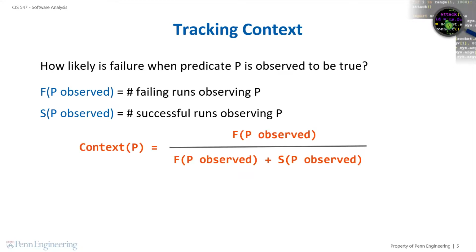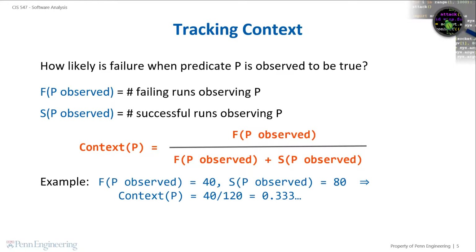Then, Context(p) is defined to be the ratio of F(p) observed to the sum of F(p) observed and S(p) observed. For example, if the predicate p were observed in 40 failed runs and 80 successful runs, then Context(p) would equal 40 divided by 120, which is 1/3.